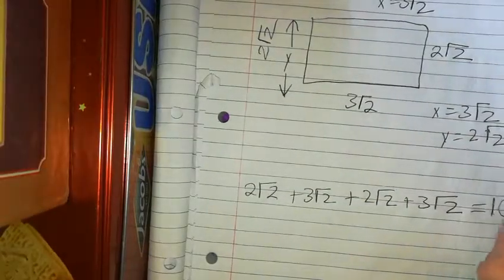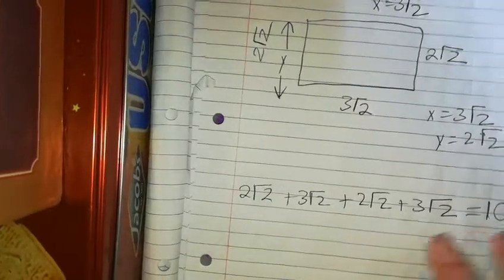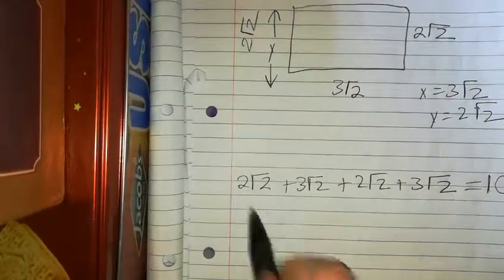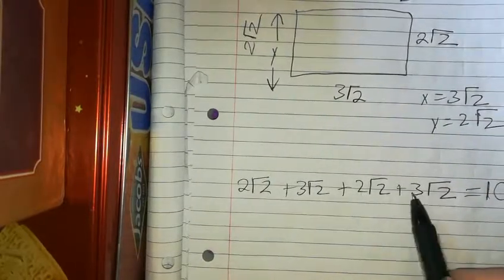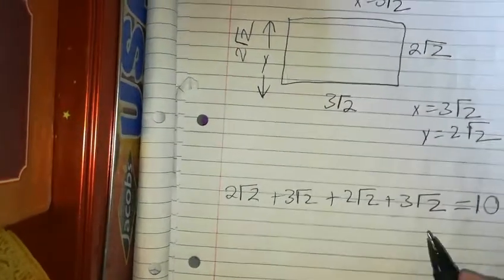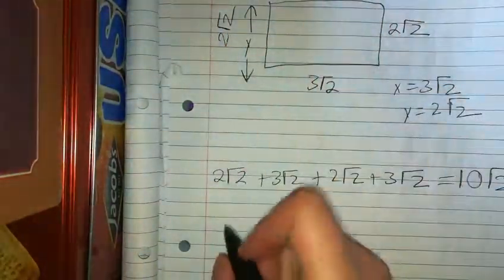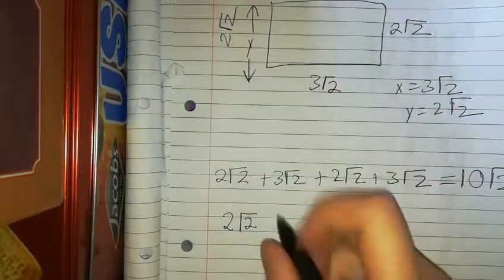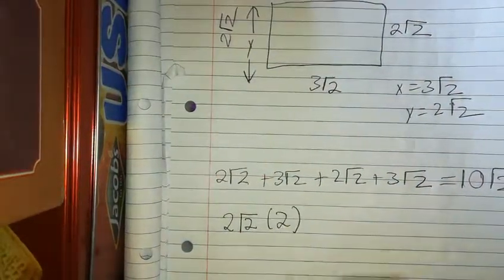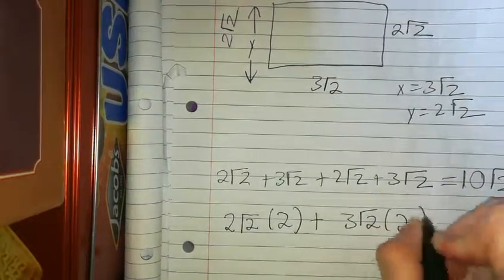But what we can actually do if we wanted to do it ourselves is treat this root 2 as kind of like an x or a y. So it'll be 2 plus 3, which is 5, plus 2, which is 7, plus 3, which is 10. So 10 root 2. Or we could have said, there's two widths, so we have to multiply the width by 2 because there's 2 of them. So 2 root 2 multiplied by 2 plus the length, which is 3 root 2, multiplied by 2.